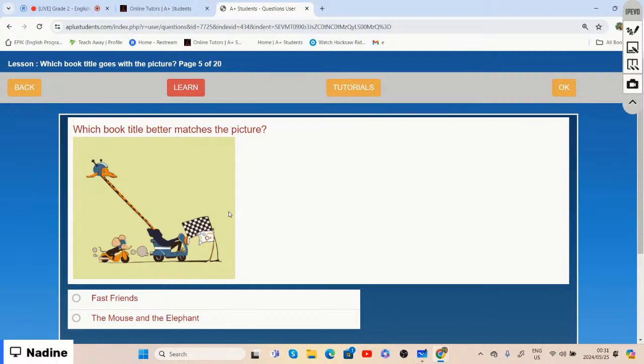Which book title is it? We see like two little buddies in a race. Is it Fast Friends or The Mouse and the Elephant?